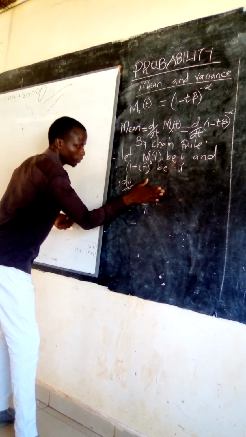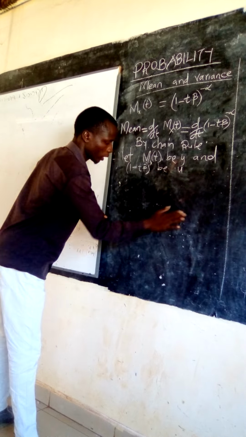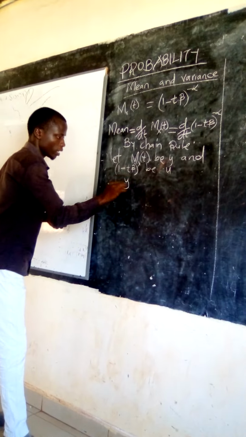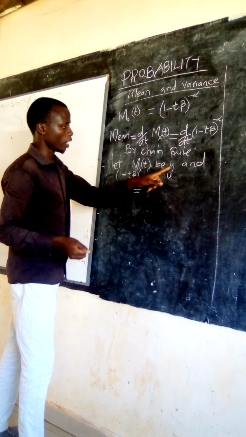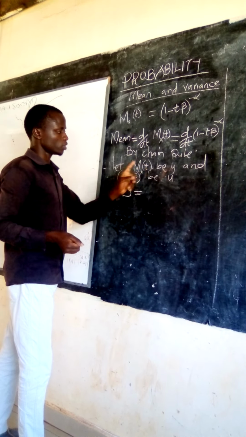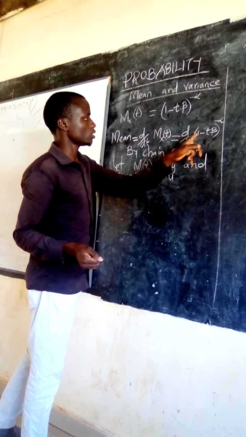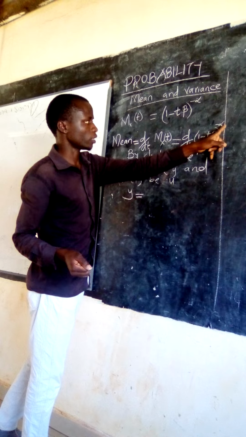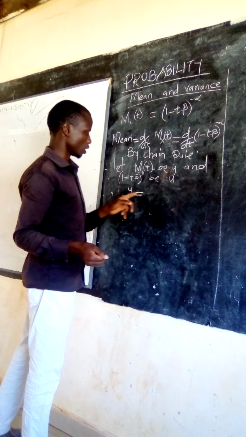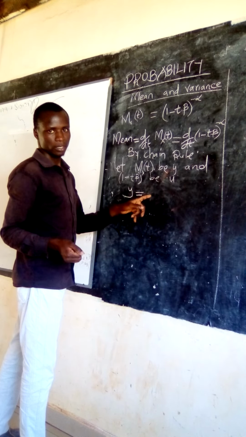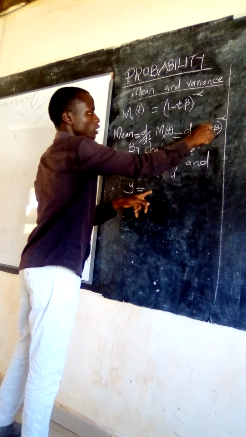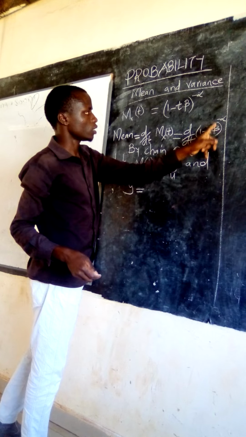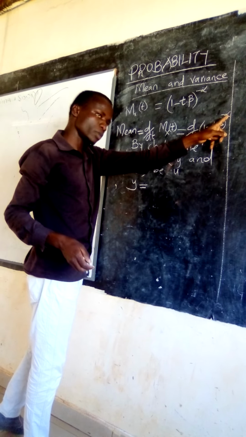And before I write this, let me show you how I can write the function of y in terms of u. y is the function of M(t), which is (1 minus t beta) raised to negative alpha. So the whole of this is my y. And the function inside the bracket here is u. So when I write u here, then I raise it to negative alpha, meaning the same thing.